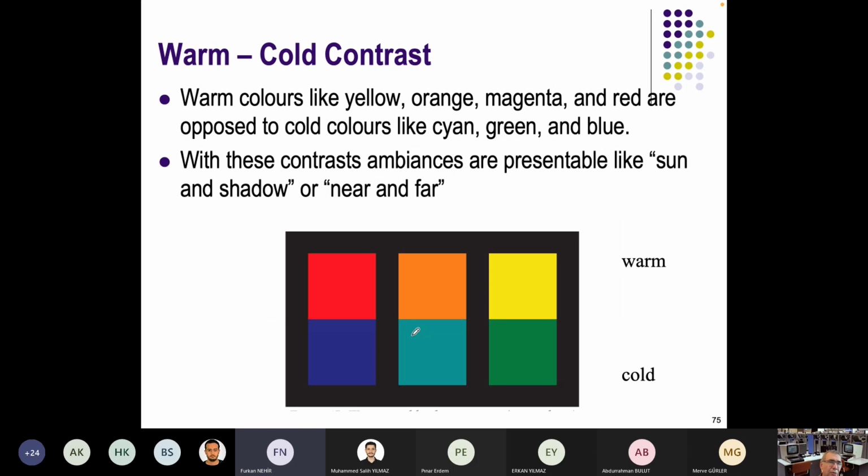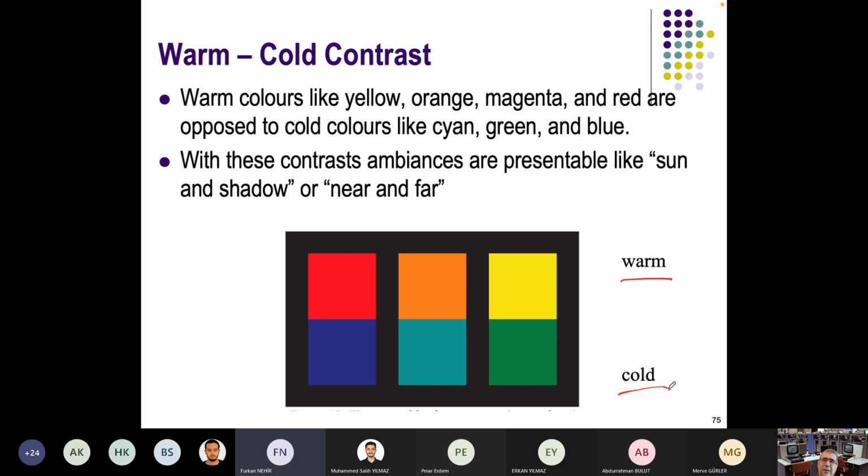Hot, cold, warm, cold associations and contrasts can be used. These colors are associated with warm, and the bottom colors are associated with cold. So for designs like increase, decrease kind of displays, those can be used.